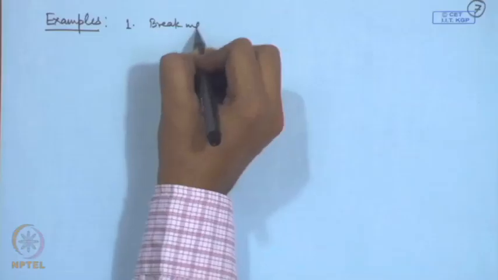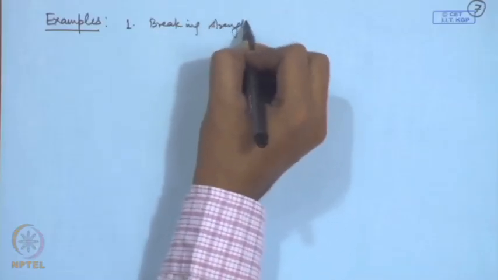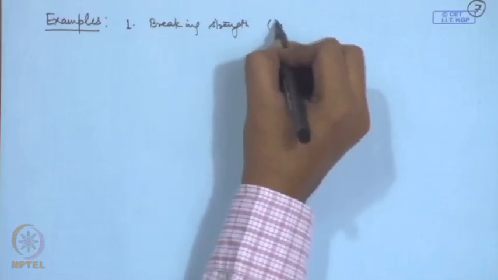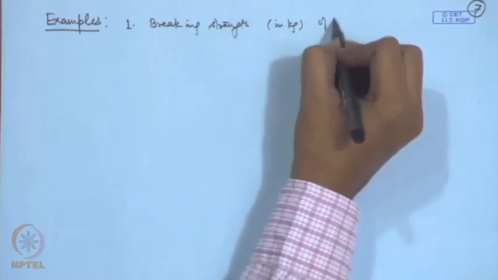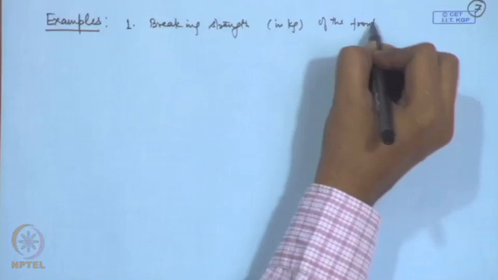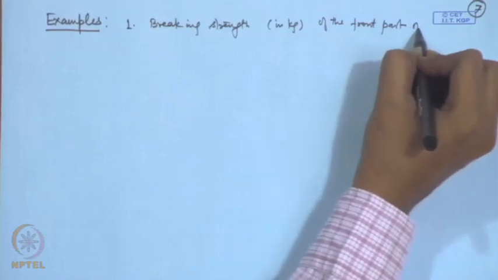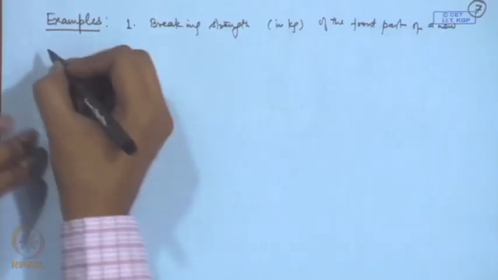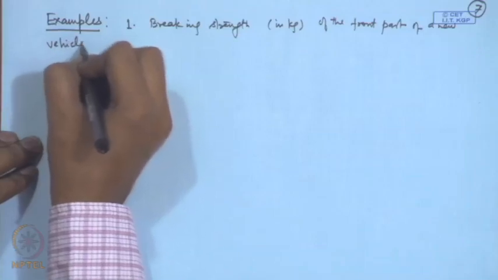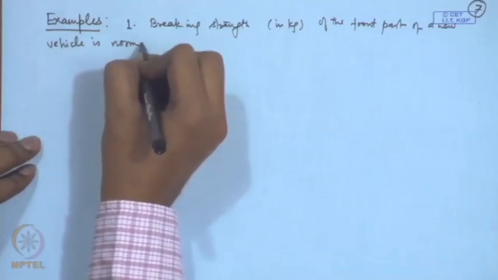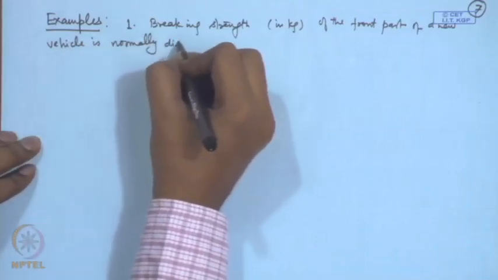A new vehicle has been designed and the metal part of the front portion, the braking strength of that has to be checked. So, the braking strength of the front part of a new vehicle is normally distributed.